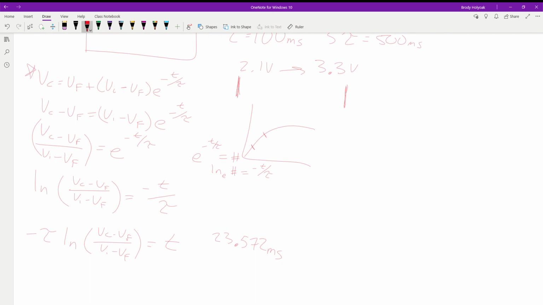Not other ones that we use to maybe solve for tau, because there may or may not be questions on the test that are asking you to solve for the capacitor value to achieve this much voltage in this much time with this resistor. Memorize this formula and you can solve for any of those variables.